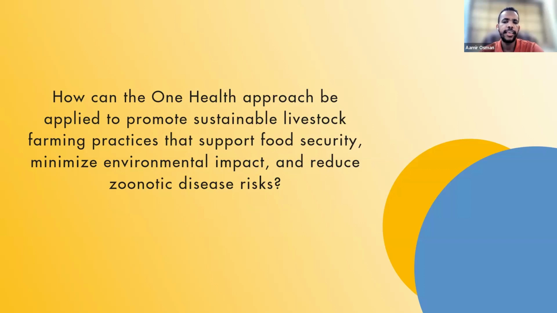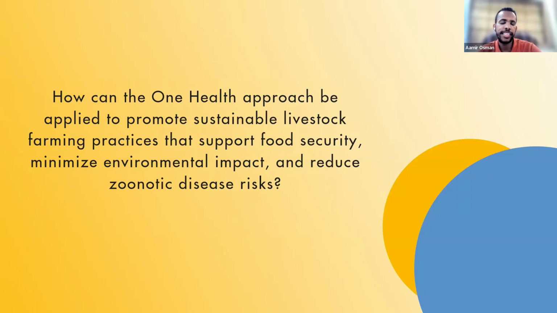For example, when it comes to livestock farming, rotational grazing, where livestock are moved between pastures to allow vegetation to regenerate, is a good solution. It not only improves soil health and reduces the need for chemical fertilizers, but also minimizes the risk of parasitic and infectious disease by breaking the life cycle of the pathogens in the environment.